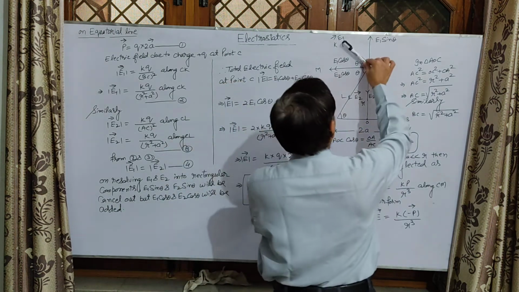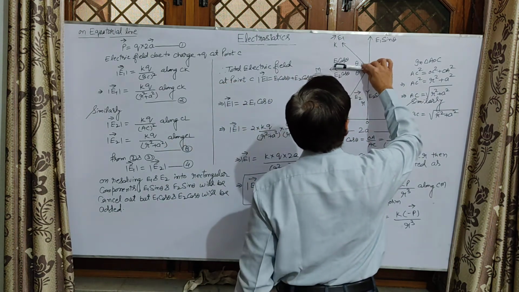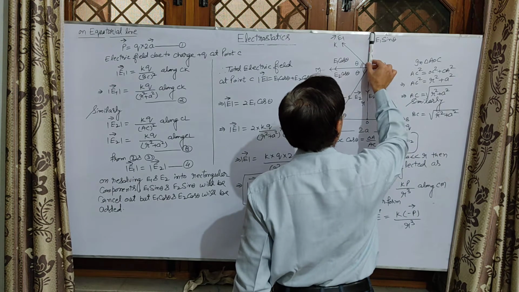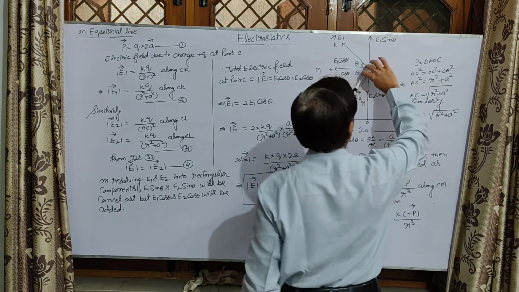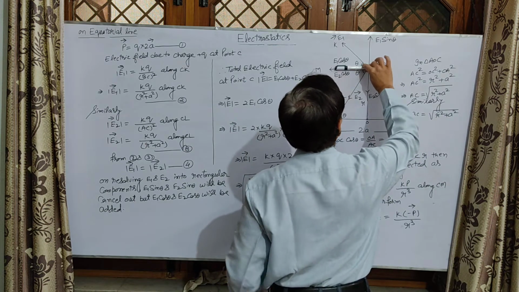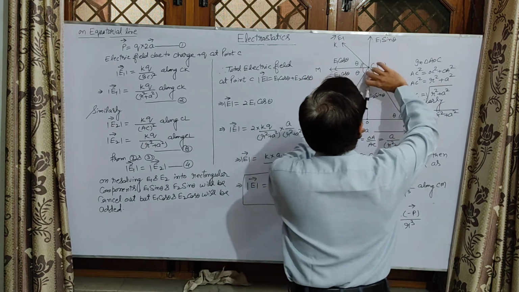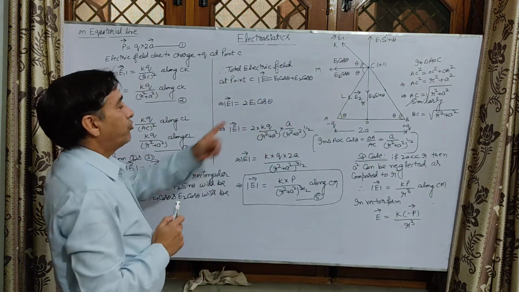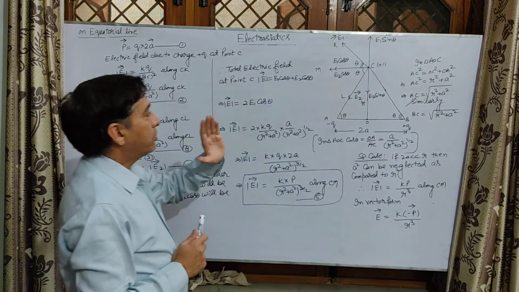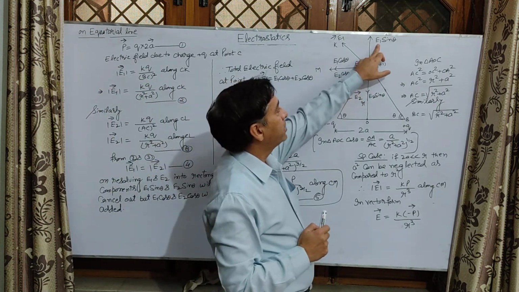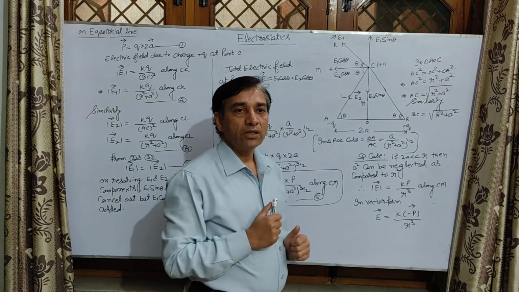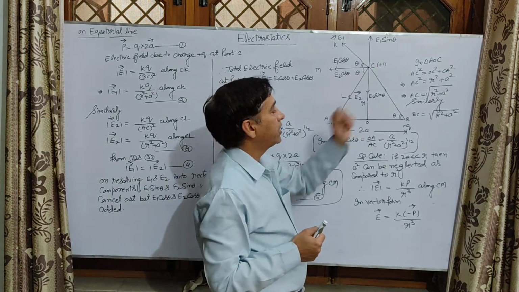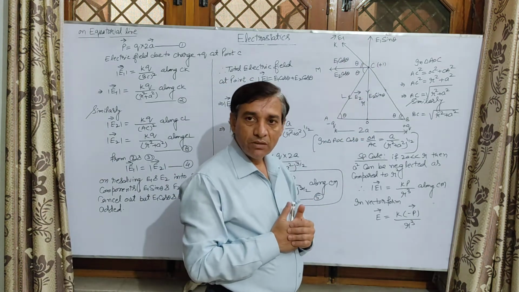Now, when E1 is resolved, you will get E1 cos theta along CM and E1 sin theta perpendicular to it. Similarly, when we resolve E2, we will get E2 cos theta along CM and E2 sin theta in the downward direction. From this figure, it is clear that E1 sin theta and E2 sin theta will be cancelled out because they are acting in opposite directions.